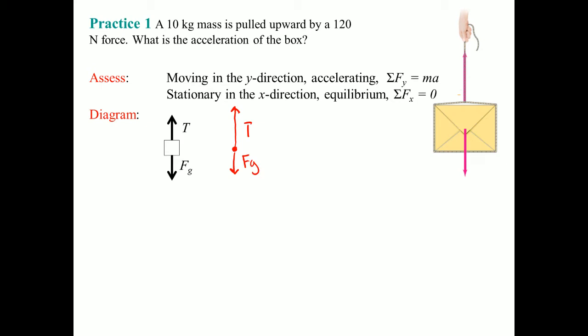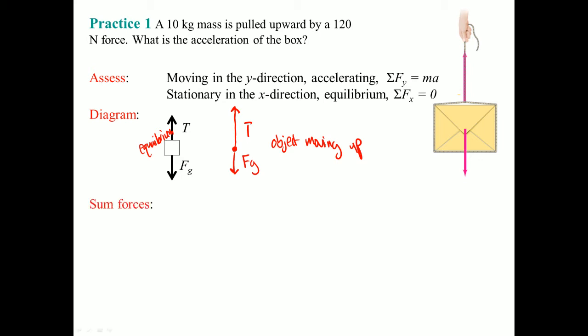Why? Because the object is moving up. If you draw it like this, it shows that the object is at equilibrium, which is wrong. So make sure you draw the vector of the T longer than the vector of the force of gravity, because the object is accelerating upwards.